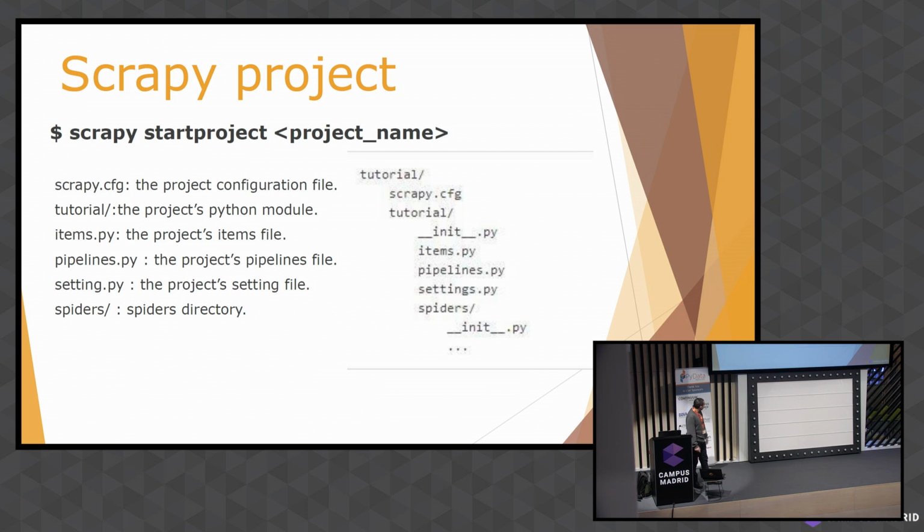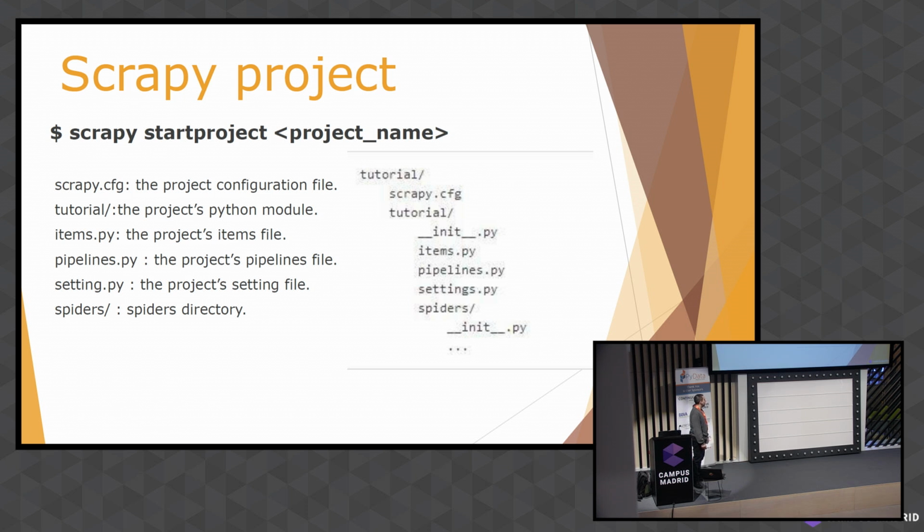Well, for starting with Scrapy, the first step is creating our project. With the command scrapy startproject and indicating the project name, it creates automatically the structure that we see. It creates a configuration file, scrapy.cfg, and items. In the items file, we declare what information we want to extract.